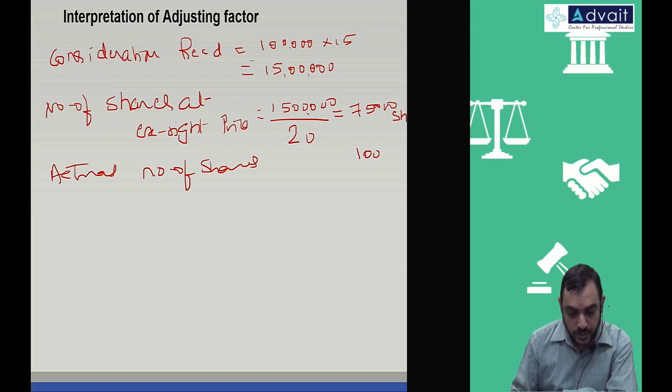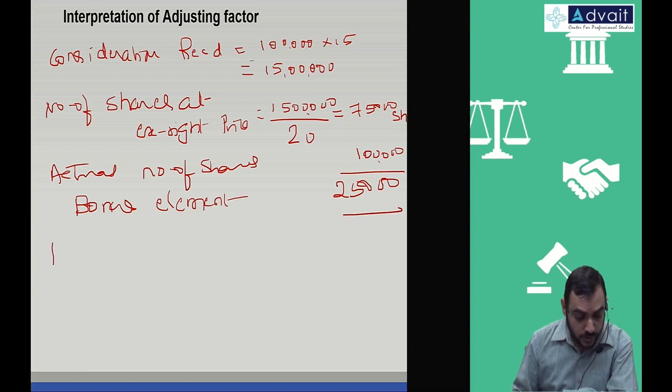The actual number of shares is 1 lakh. So what is the bonus element? Free shares issued, equivalent units, 25,000 shares.